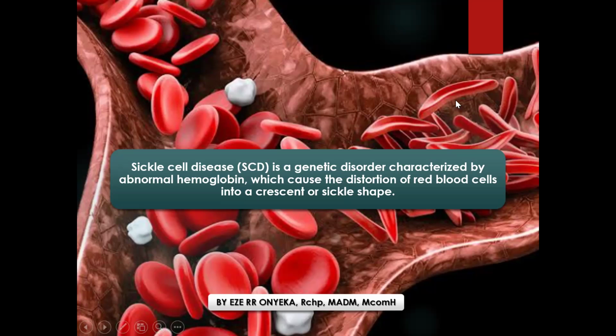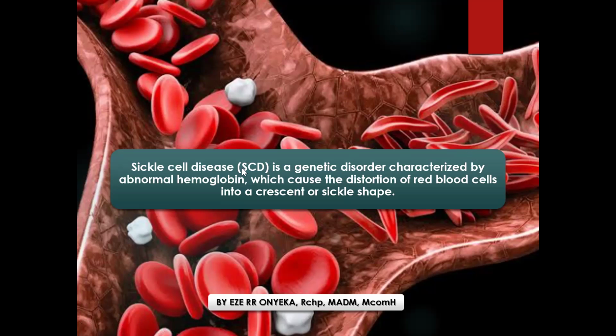These red blood cells are meant to carry oxygen. Look at them. This is a white blood cell, and this is an artery where they are flowing, carrying oxygen along to other cells. But these ones are already sickled. And as they are sickled, they can stick together and block blood flow, which is the major cause of sickle cell crisis and symptoms.